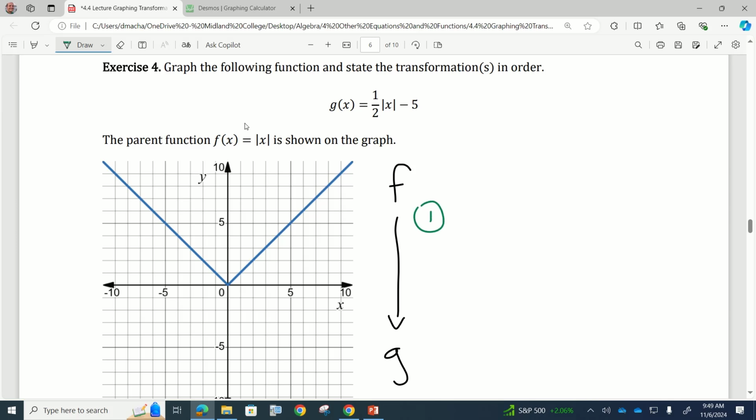I'm squishing this down vertically, in the vertical direction by a factor of half. So if I were just going to graph the curve 1/2 absolute value of x, I would draw it like this in green, where all of the points are half the distance away from the x-axis.